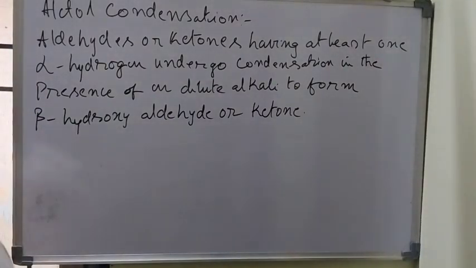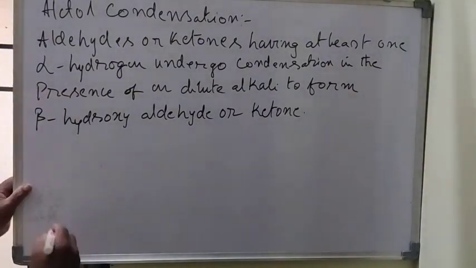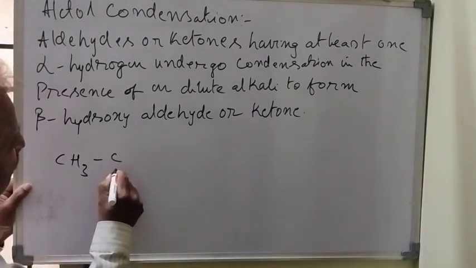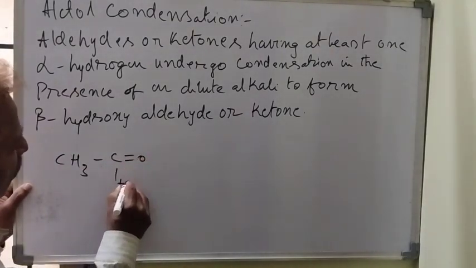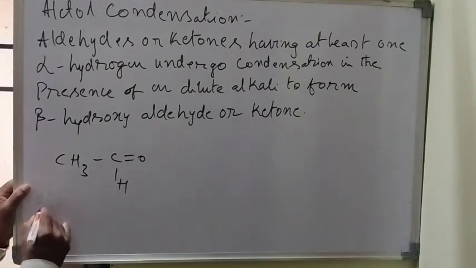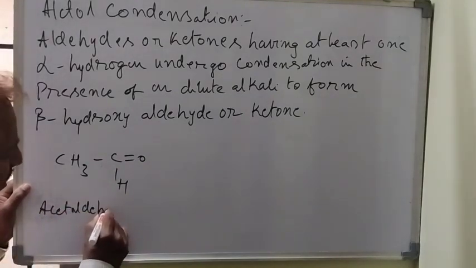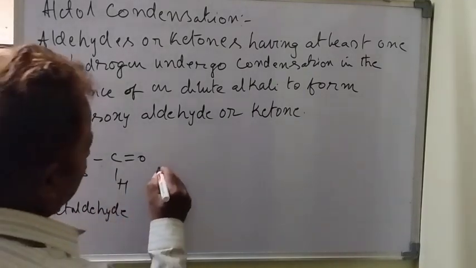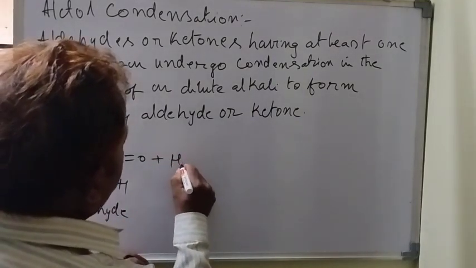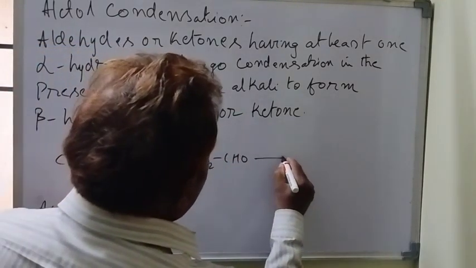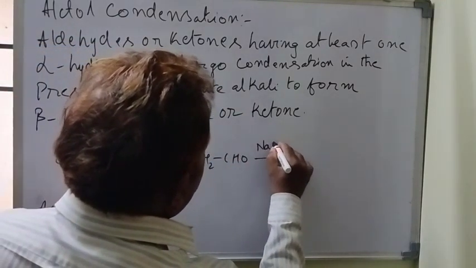Now let us try to understand with an example. This is CH3CHO, that is, CH3C double bond O single bond H. What is this substance? Acetaldehyde, or ethanal, plus H CH2CHO in the presence of, say, NaOH.